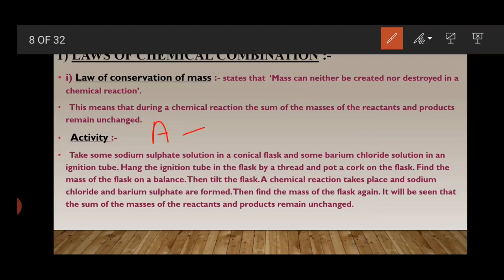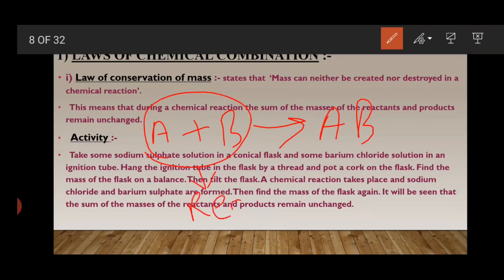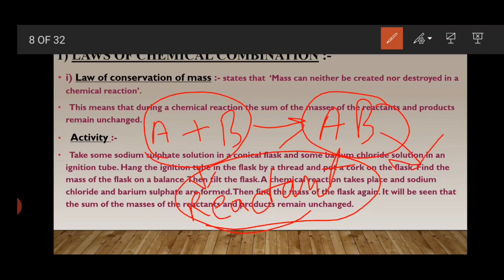The combined mass becomes 100 gram, so there is no loss of mass. That's why it is said that in a chemical reaction, mass is neither created nor destroyed. This means that during a chemical reaction, the sum of the masses of reactants and products remains unchanged.